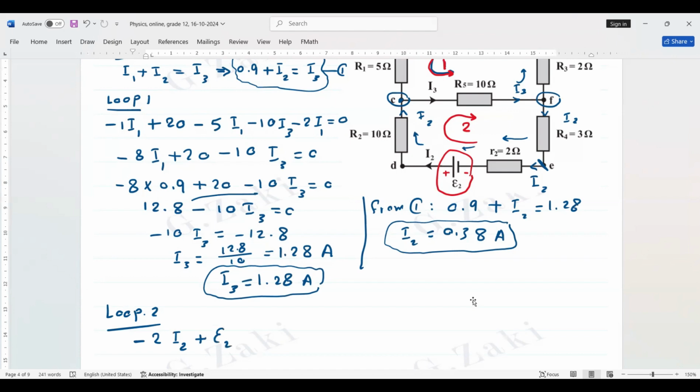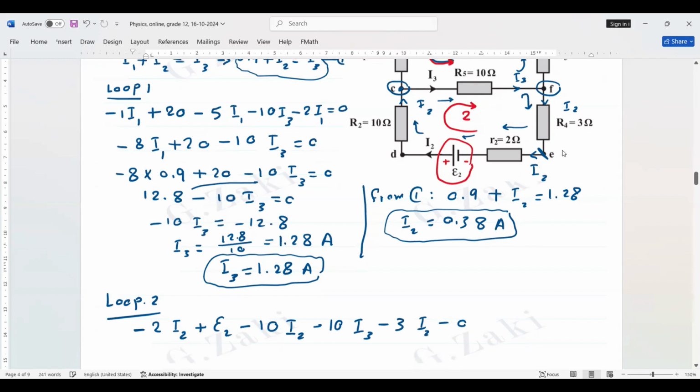The current is I2 and the resistor is 10, the same direction, so negative 10 I2. The current is I3 and the resistor is 10, so negative 10 I3. The current is I2 and the resistor is 3, so negative 3 I2. Equals 0.